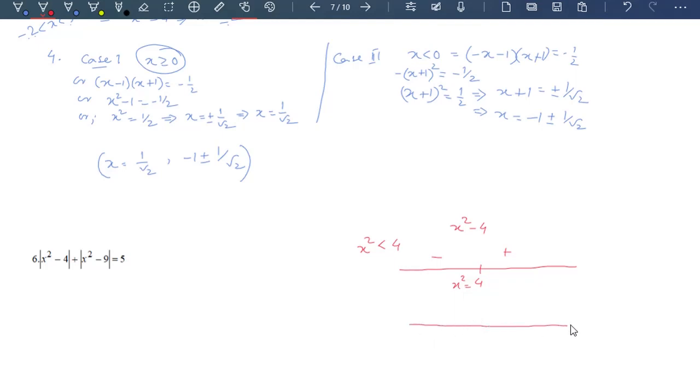And this is x square minus 9, where x square equal 9. Here it is positive, here it is negative. So we will have three intervals.